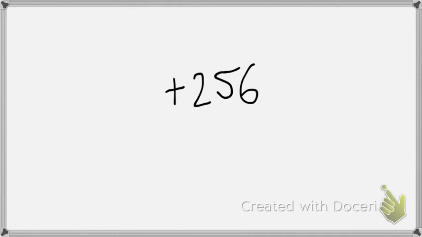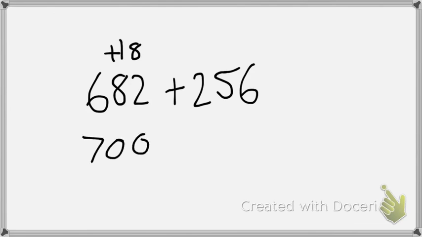Let's pretend it was 682. Now, if I plussed 8 to this number, that would take it to 690, right? But 690 is so close to 700. So if I plus 18 to this number, then we have 700.